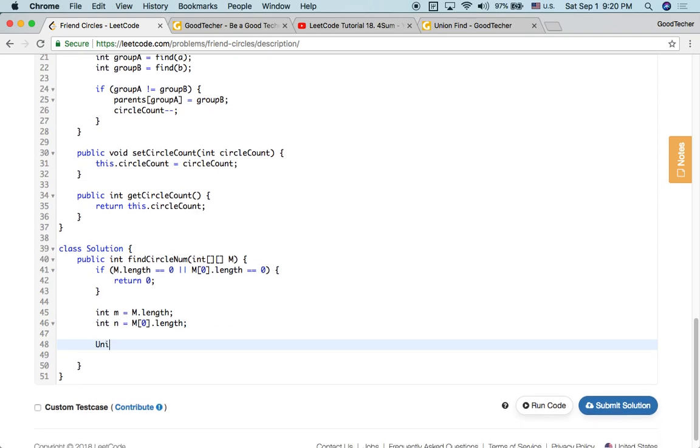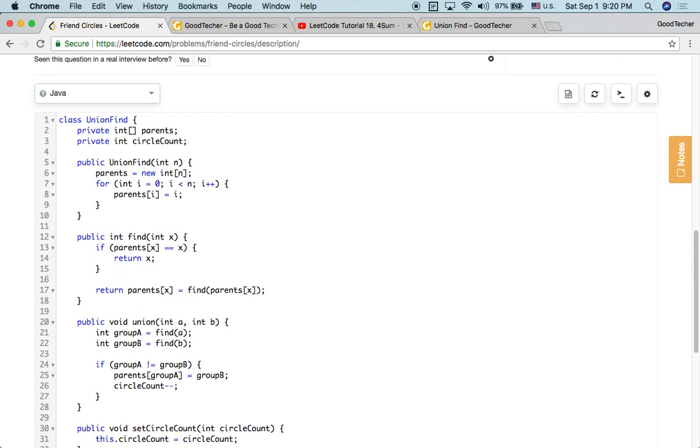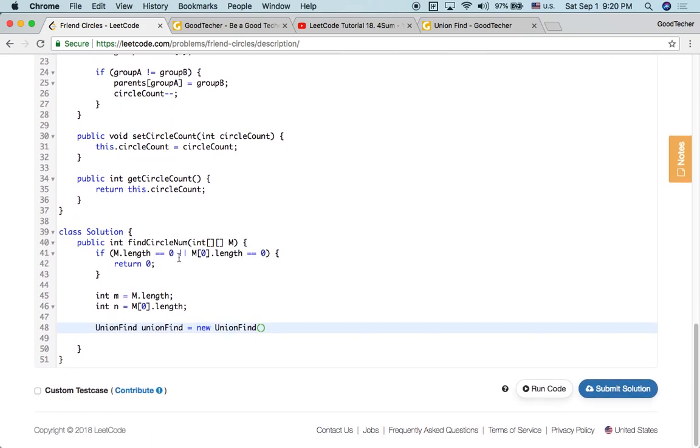Then we use our union find, initializing a union find object. So new union find, using the constructor we just created, to initialize the number of elements, here just m multiply n elements.